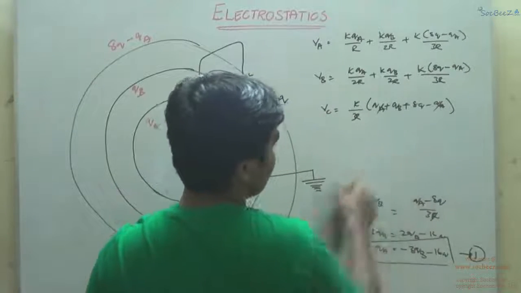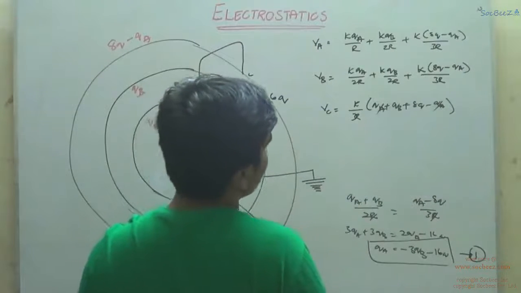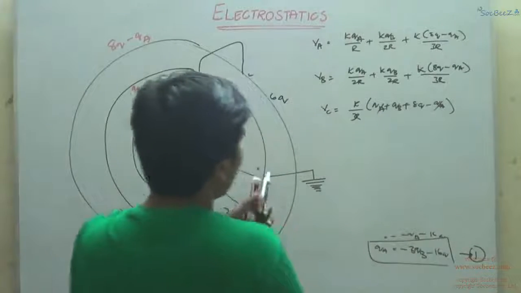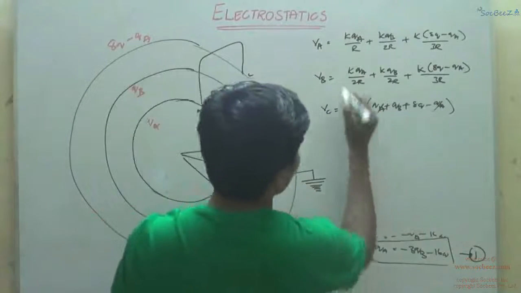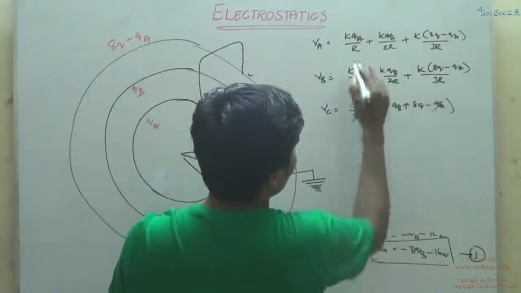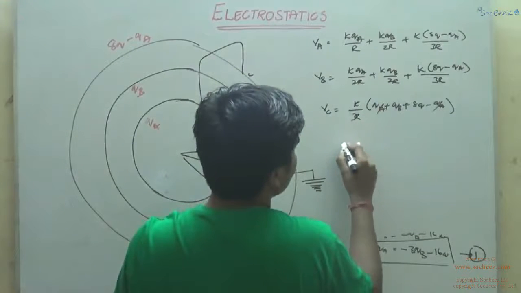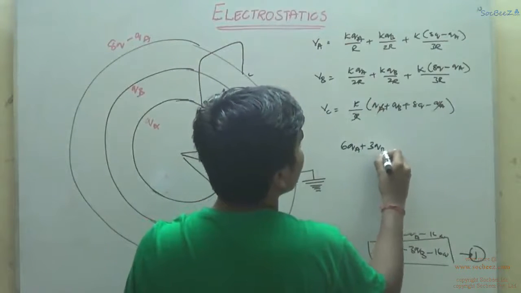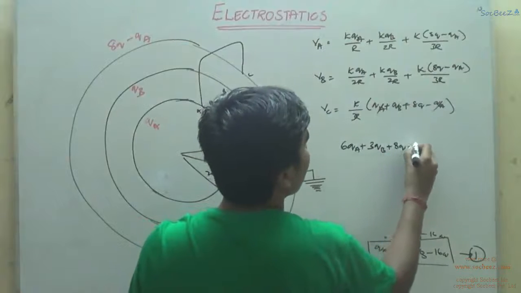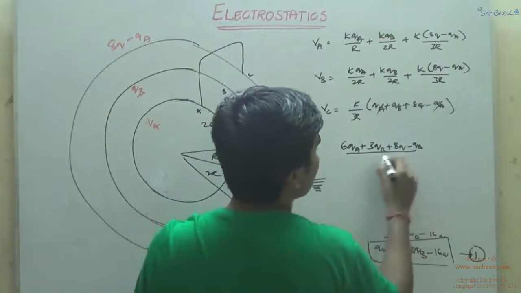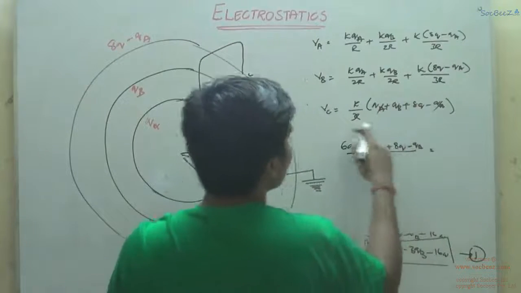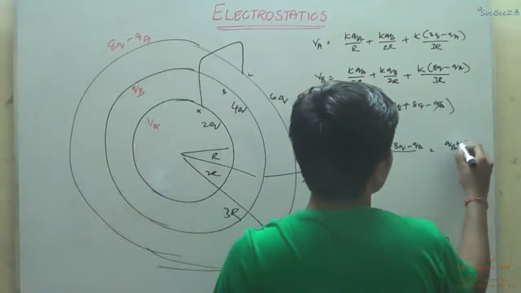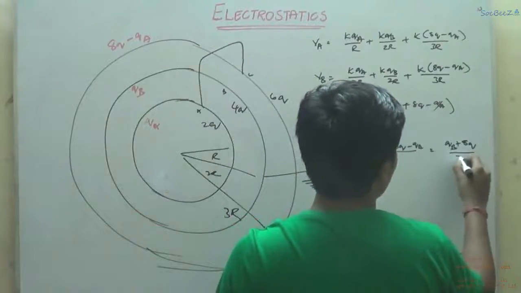Now, substituting this in VA equal to VC. Now for VA equal to VC, what should we get? We should get 6QA plus 3QB plus 8Q minus QA by 6R should be equal to QB plus 8Q by 3R.